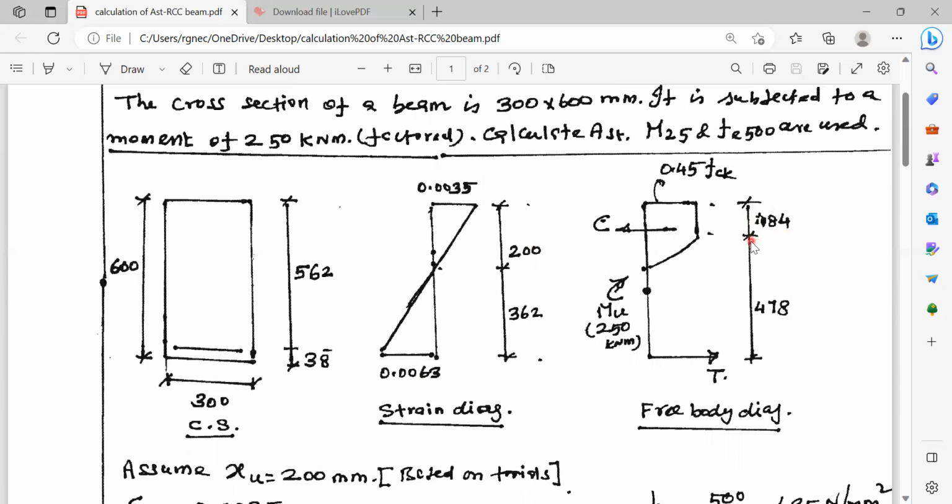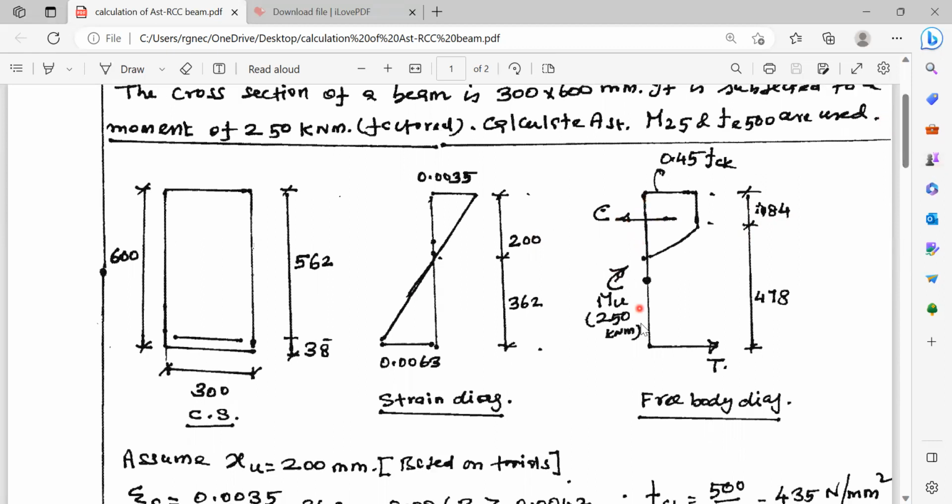This is the distance of the resultant compressive force. And total effective depth is 562. The resultant compression is acting at a distance of 84 mm. Therefore, 562 minus 84 is equal to 478.